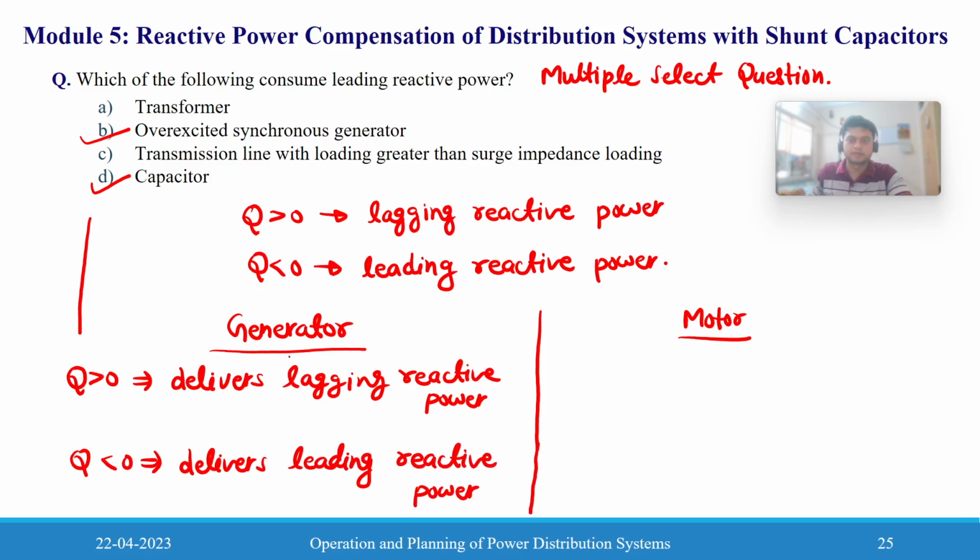And just opposite that, for motor, if it delivers, that means it consumes leading reactive power. Motor, for motor Q less than 0. For synchronous generator, Q greater than 0, that is the overexcitation case.